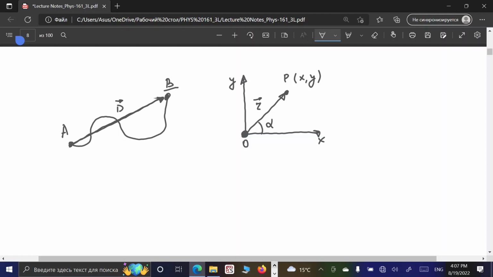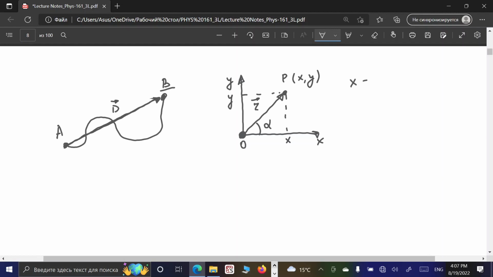So how do we get it? We can write that the x coordinate and y coordinate of this point P can be given as x is equal to position vector magnitude r times cosine alpha, and y is equal to position vector r times sine alpha.